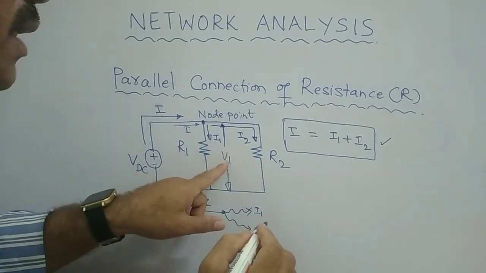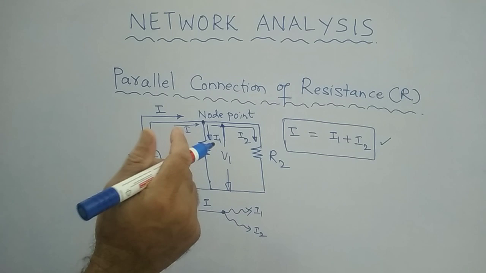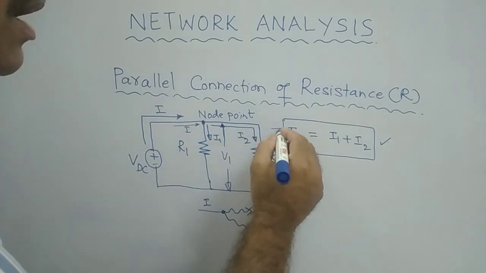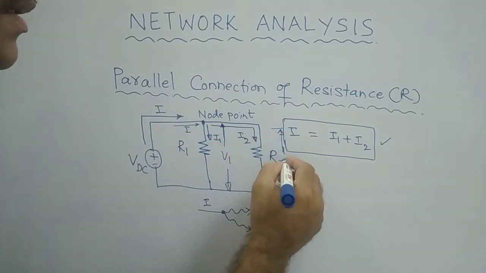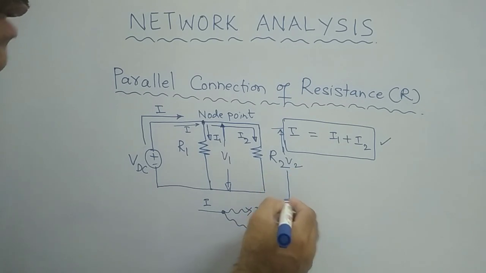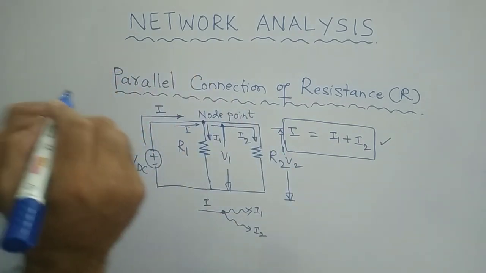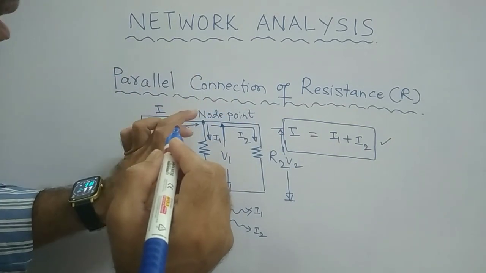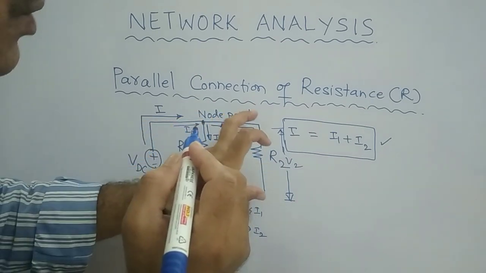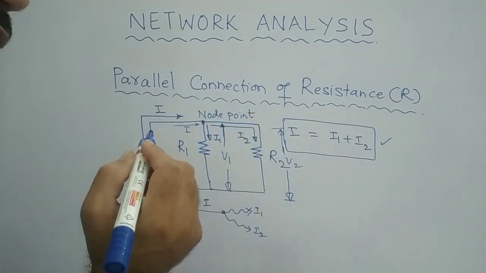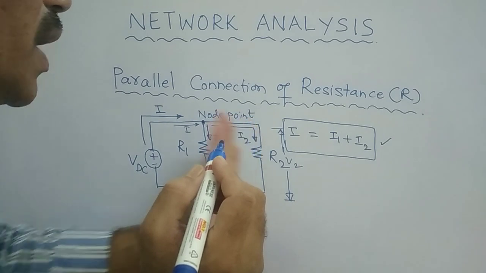V1 is the voltage drop across R1, and similarly across R2, let us imagine V2 is the voltage drop. So there are two branches.